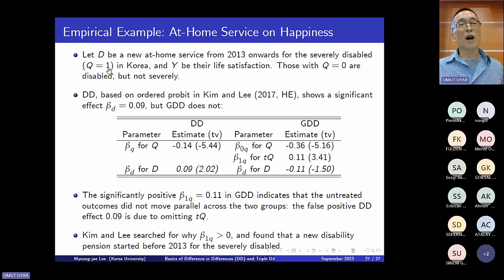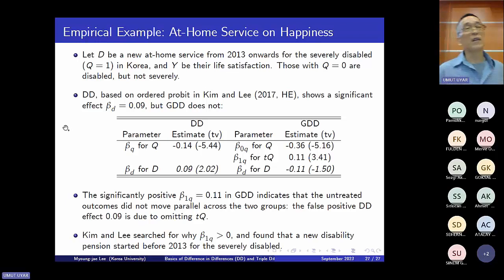So Q being one means the person is severely disabled. Control group, they are disabled but are not severely. And the goal is finding the effect of this new at-home service for the severely disabled people that was implemented in 2013. Its effect on life satisfaction.